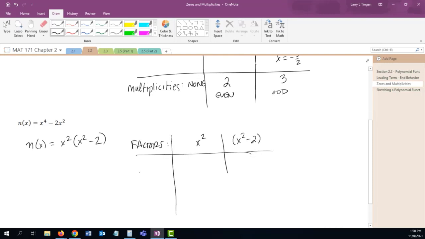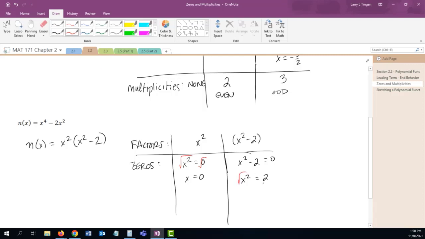What are the zeros? Well, take x squared, set it equal to 0, and solve. I want x by itself. Square root of both sides. x equals 0. And then x squared minus 2 equals 0, which means x squared is 2.